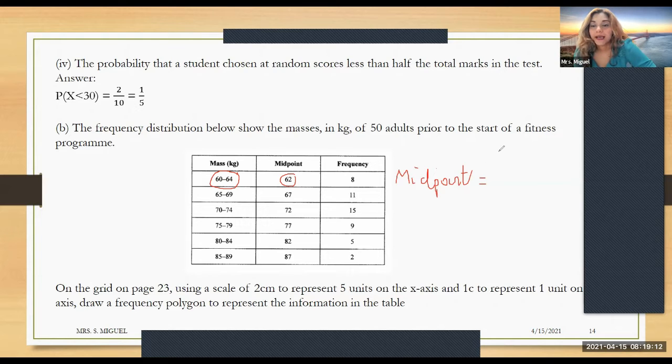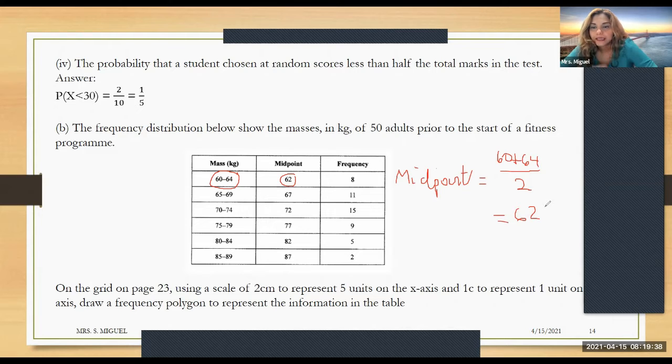Well, I simply add 60 plus 64 and I divide it by 2 and I will get 62. So the class interval is from 60 to 64, right? And the midpoint is the average of those two scores.